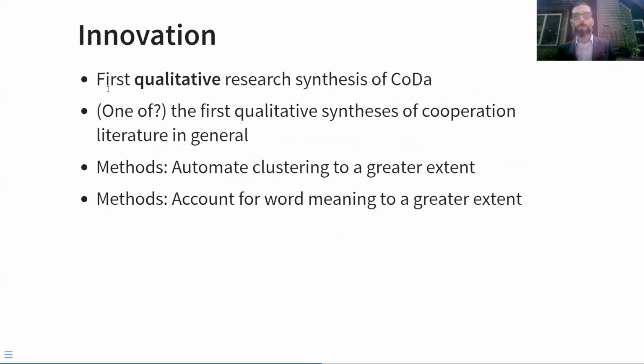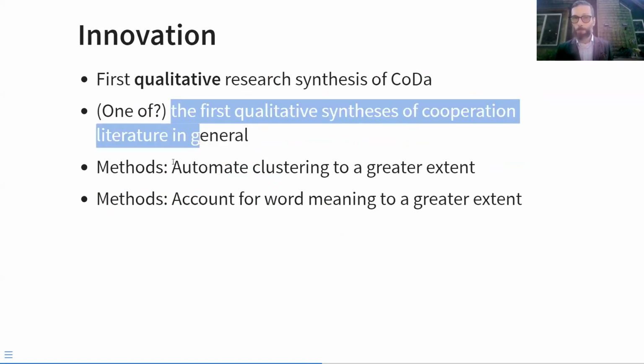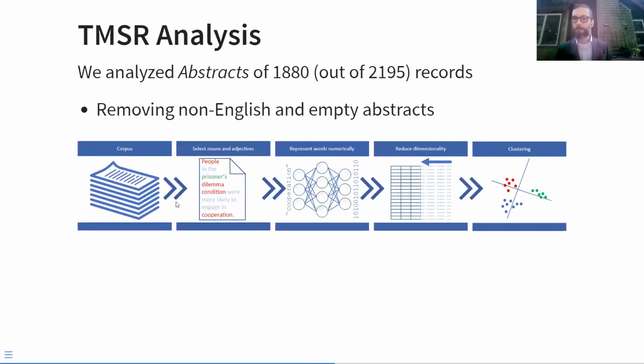So that's what we did. We performed the first qualitative research synthesis of the Cooperation Data Bank, and one of the first qualitative syntheses of cooperation literature in general. And we automated clustering to a greater extent than in the previous example that I gave, and we also accounted for word meaning to a greater extent. And I will tell you how we did that.